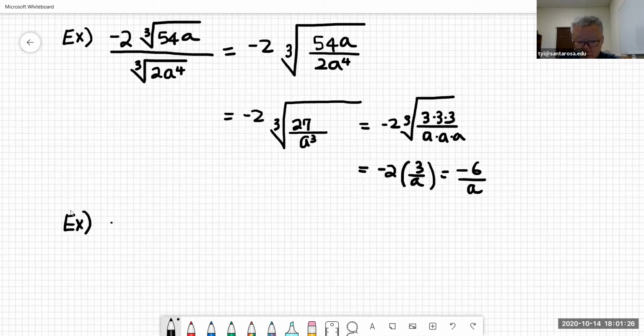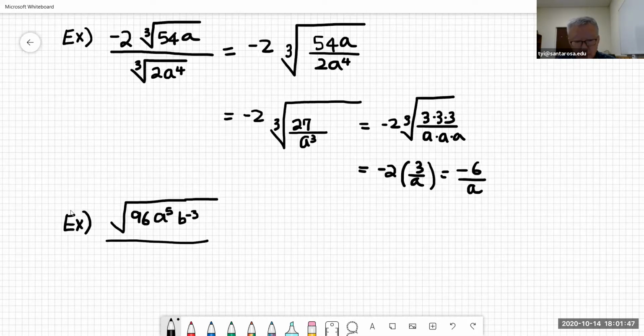I have a square root 96 a to the 5, okay, b to the minus 3, okay, and divided by square root 3 a to the minus 5 b.